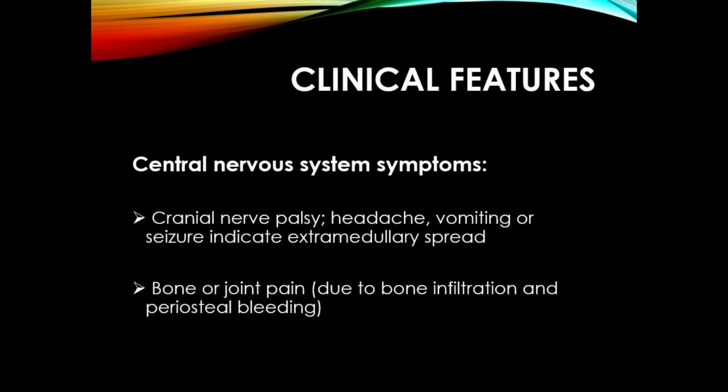With central nervous system involvement, the patient will present with cranial nerve palsies, headache, vomiting, and seizures, and this is due to extramedullary spread. Bone and joint pain as well, due to bone infiltration by these blast cells and periosteal bleeding.